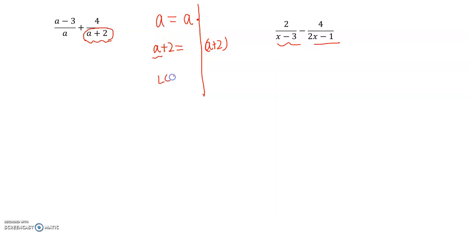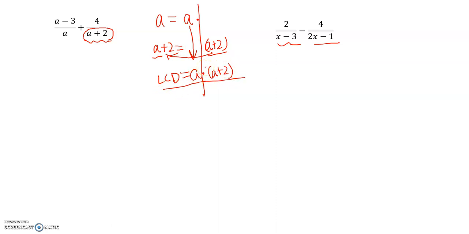So when we look for the LCD or LCM, we bring down 1 from each column. We bring down A from the first column, and we bring down A plus 2 from the second column, because A plus 2 together is a factor of A plus 2. Anything will be a factor of itself. So now you can see the LCD is actually A times A plus 2.